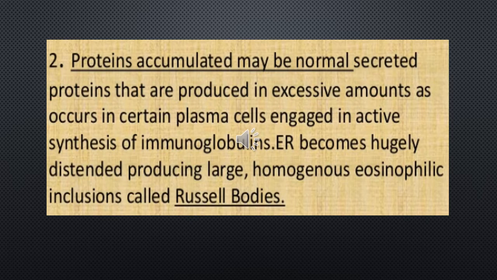These cytoplasmic inclusions are known as Russell bodies. And as you can see in the diagram, after H and E stain, Russell bodies appear on microscopic examination as red or pink, eosinophilic homogeneous structures.